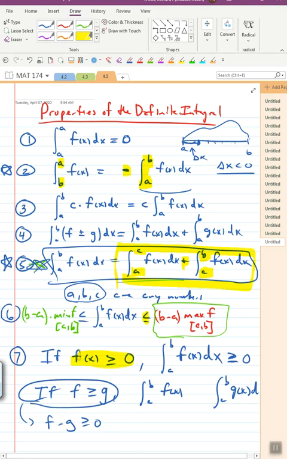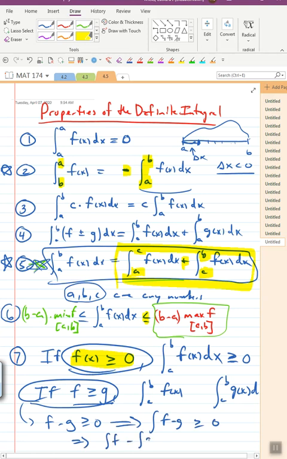And if we believe this one, which by the way there is a formal proof you can do for that, then if f was bigger than g, f minus g would be bigger than 0, and if I applied this one, that would say that the integral of f minus g is greater than 0. But what's the integral of f minus g? It's the integral of f minus the integral of g. If I add the integral of g to both sides, that just says the integral of f is greater than or equal to the integral of g.